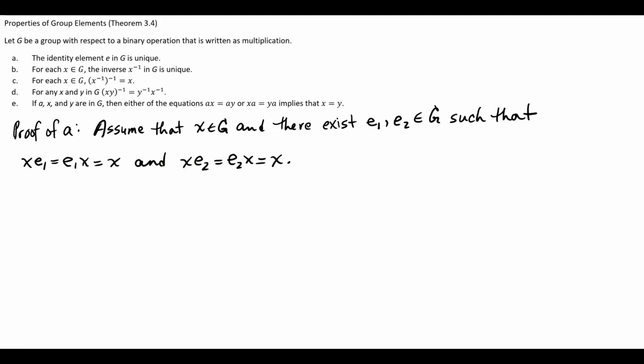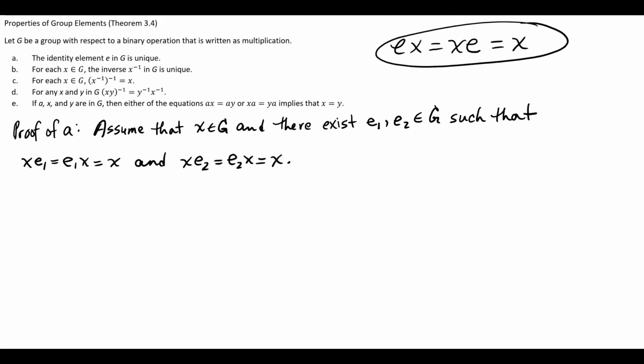Remember, this is what it means for E1 and E2 to be an identity element. E times X has to be equal to X times E, and that has to be equal to X. So now I'm saying that there are 2 of them that do this. I need to show that these 2 elements, E1 is equal to E2.